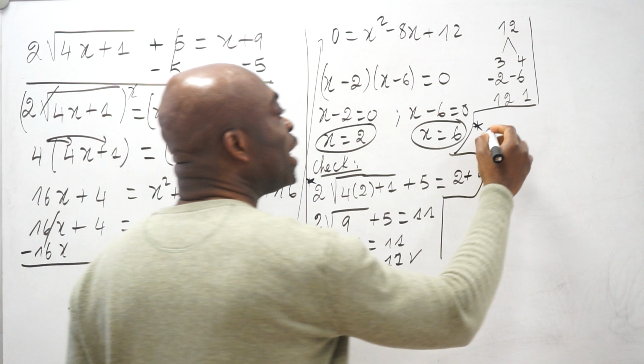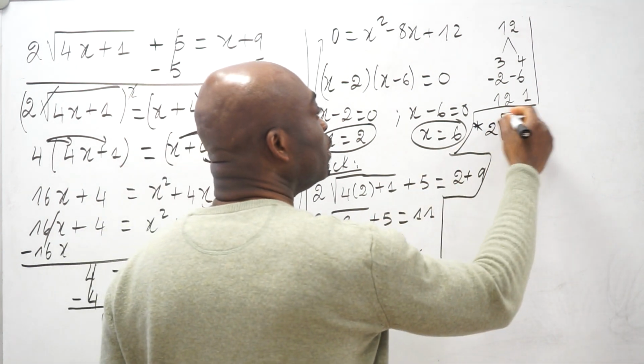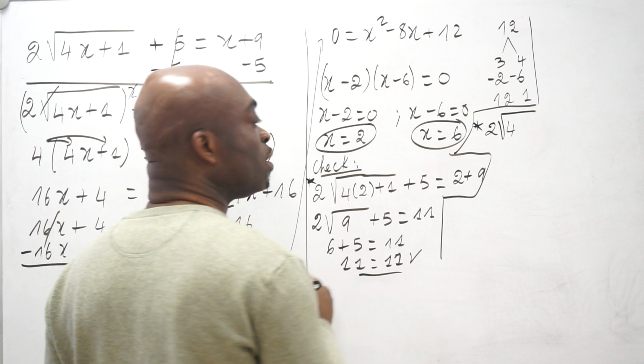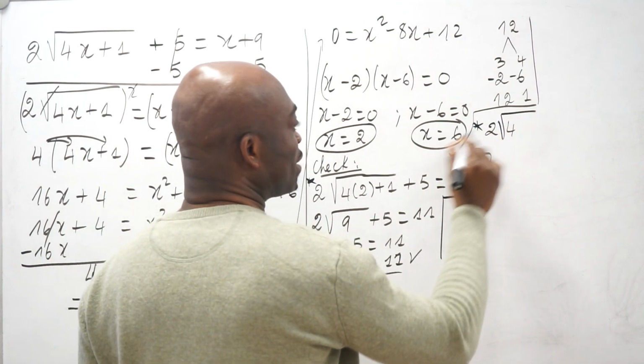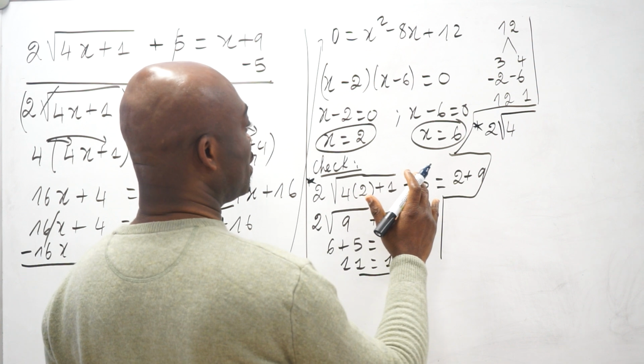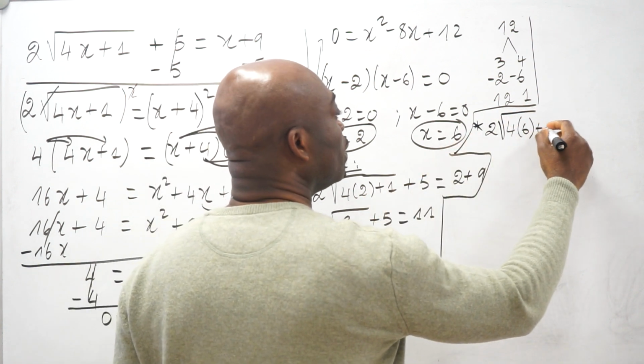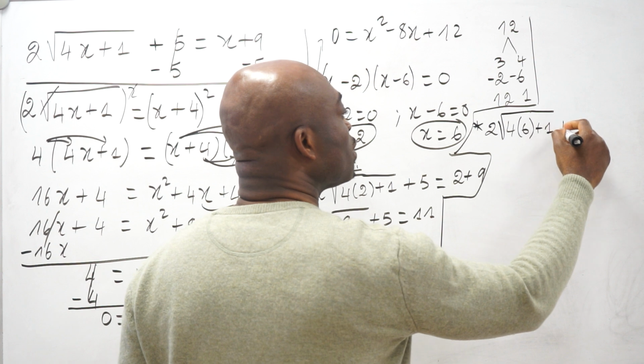So we have 2 times the square root of 4 times 6, since it's 6 in this case, plus 1, under the radical, plus 5.